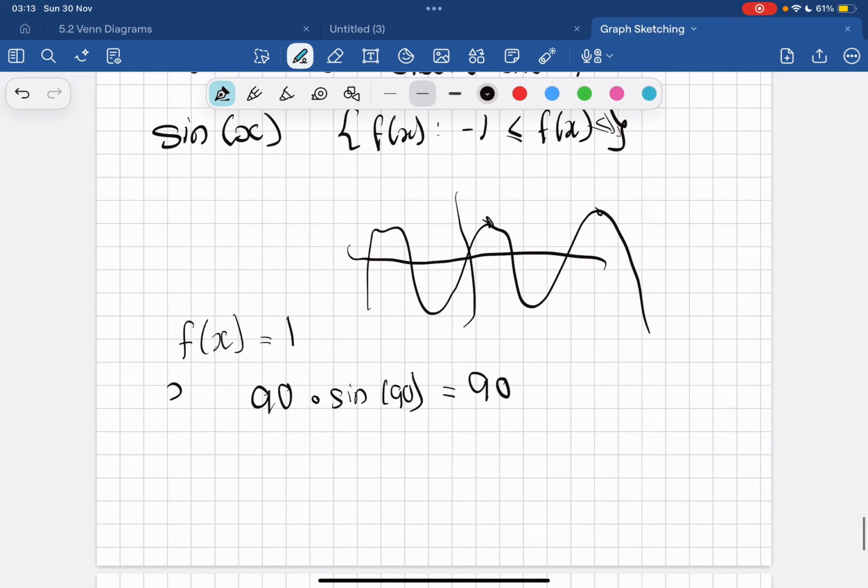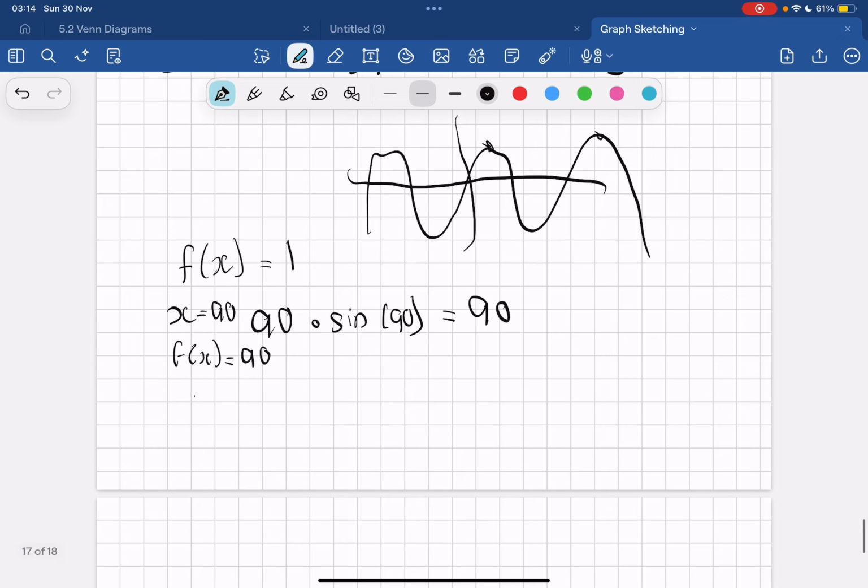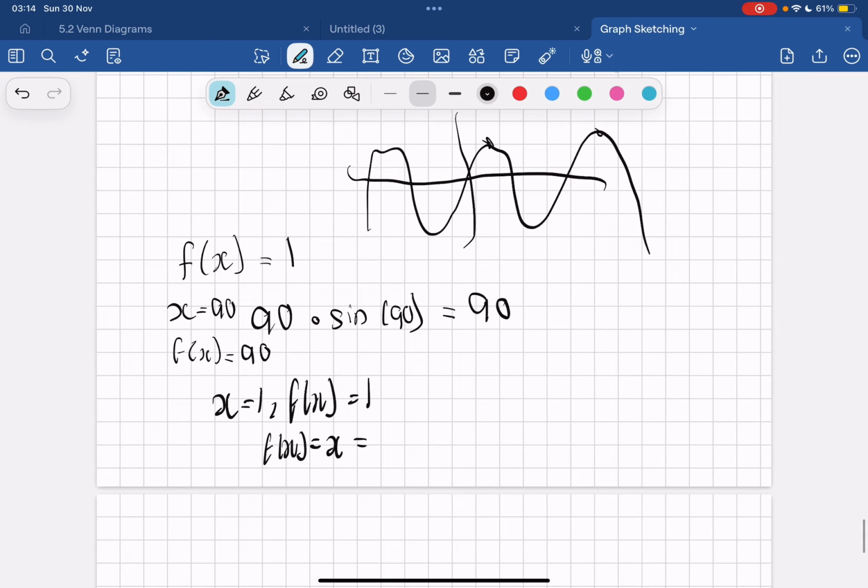So when x equals 90, f of x equals 90. So we can say when sine x equals 1, f of x also equals x. Therefore f of x equals x when obviously sine x equals 1.